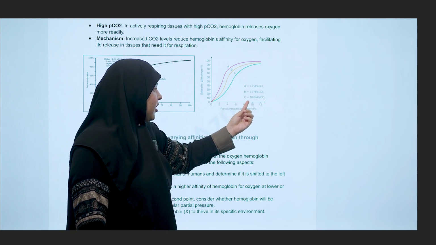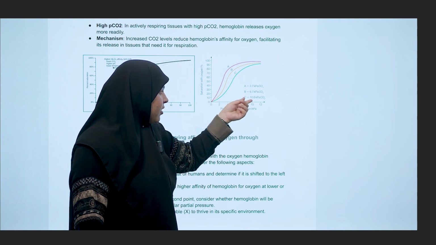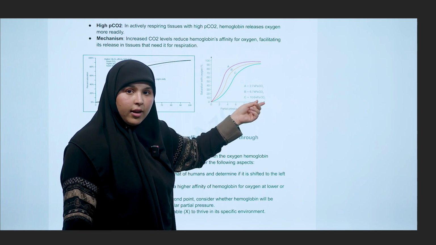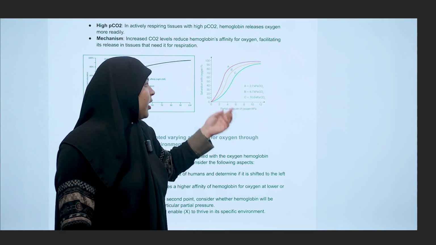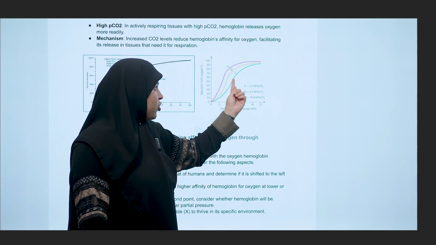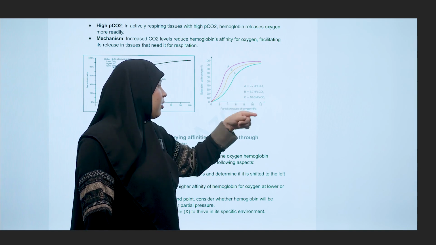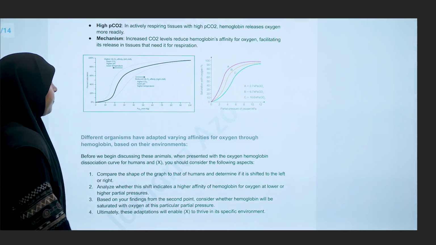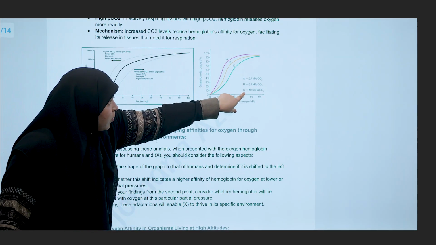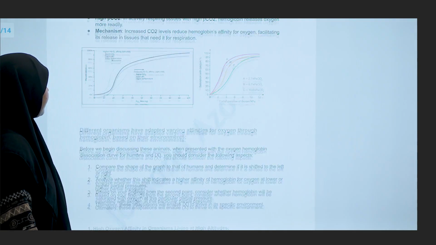So as you can see in here, in C, we have the highest partial pressure of carbon dioxide, which means that we are having almost the highest saturation of carbon dioxide. So you can see that the graph is shifted towards the right. The green line presents the highest concentration or the highest partial pressure of carbon dioxide.